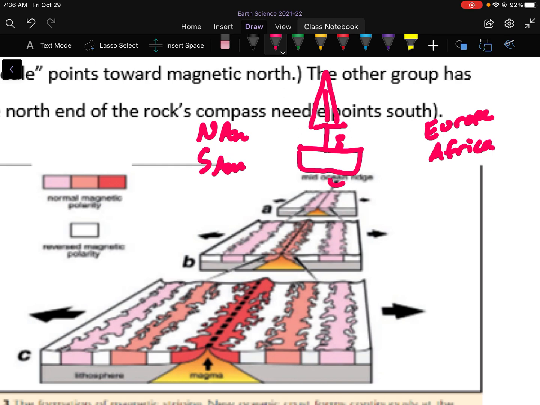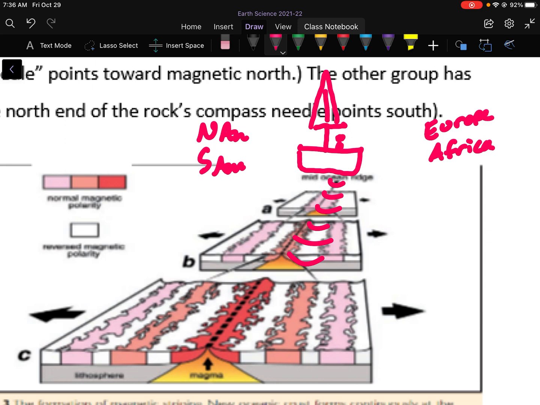Number one, you can send down these fancy signals and measure the magnetism of the rocks beneath the ocean floor. And the other thing that you can do is collect rocks from the ocean floor and examine them.